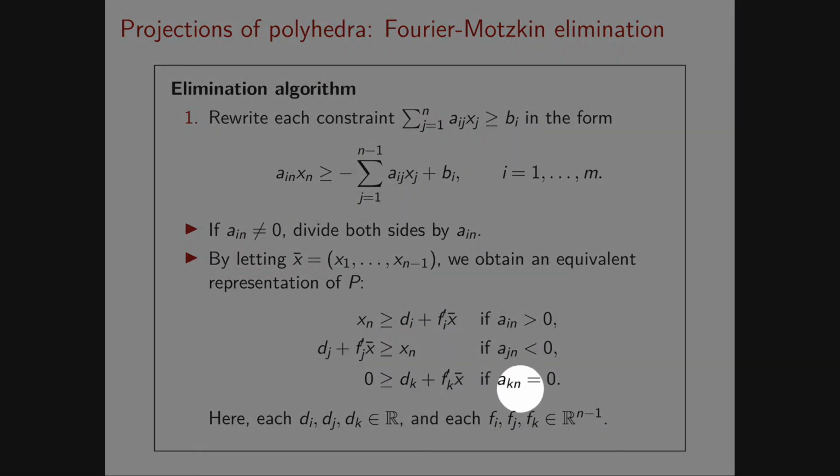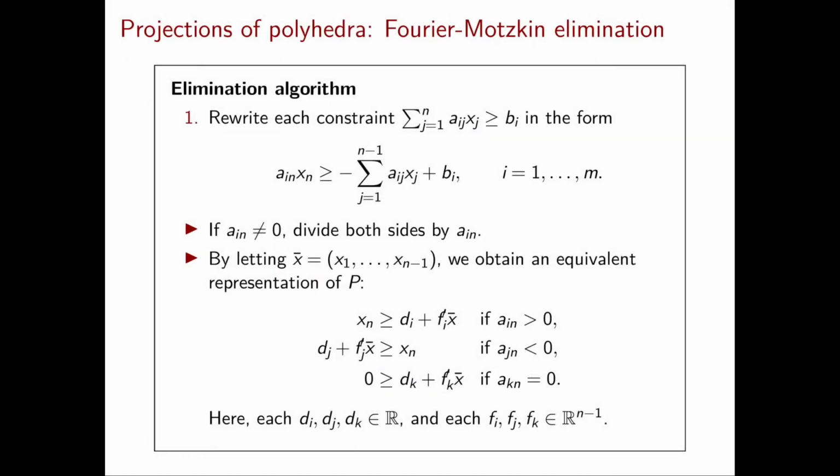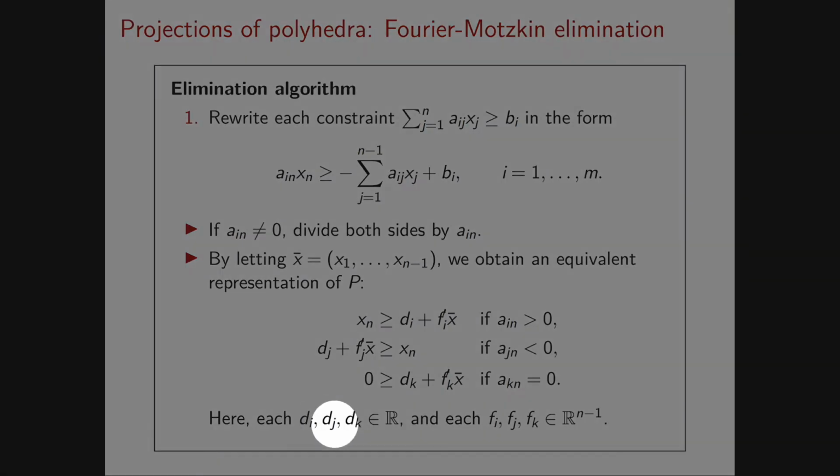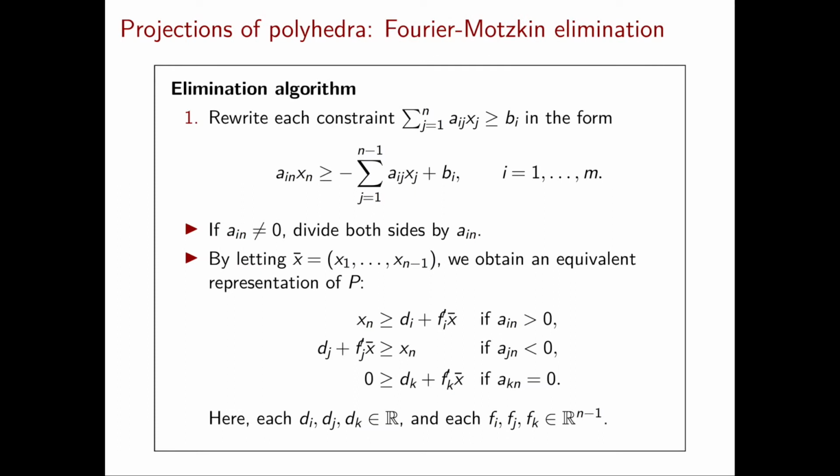And finally, if a_kn is equal to 0, we obtain an inequality of the form 0 greater than or equal to f_k transpose x bar plus d_k. If you're wondering why I'm using j and k here instead of i, this is simply because I want to differentiate the index that I'm using in these three types of inequalities because it will be useful later. Of course, all the d_i, d_j, and d_k are scalars, and all the f_i, f_j, f_k are vectors in R^(n-1).